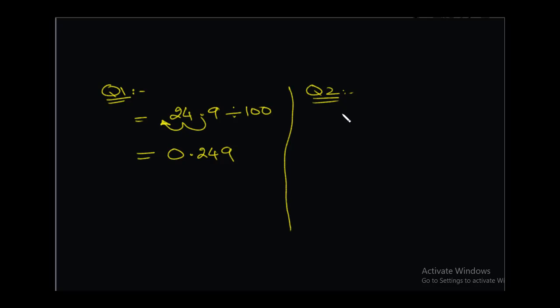Now let me take a multiple of these numbers. Let me take 333.6 divided by 800. So I would split the 800 into 8 and 100.